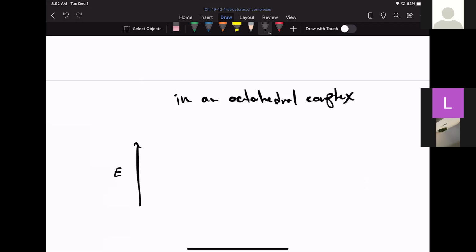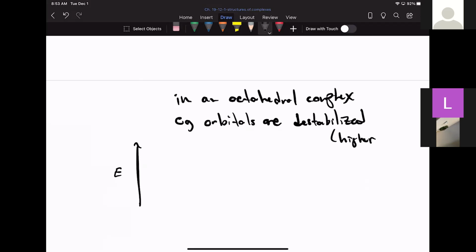So this is my energy level. So in an octahedral complex, we'll write that down, the eg orbitals are destabilized, meaning that they are just higher in energy, right? So the eg orbitals are higher in energy.